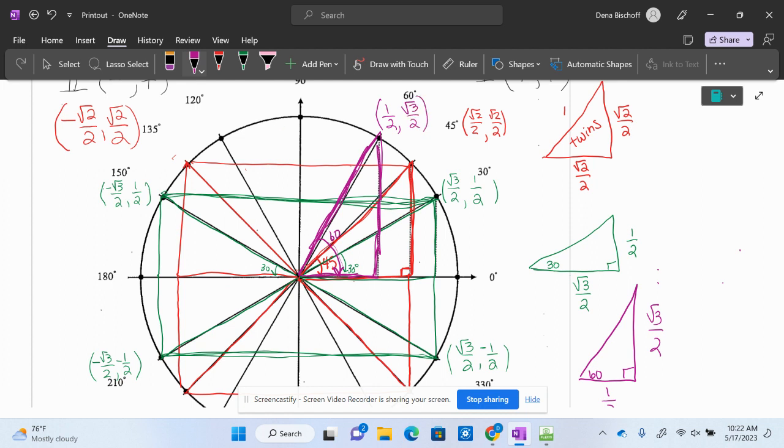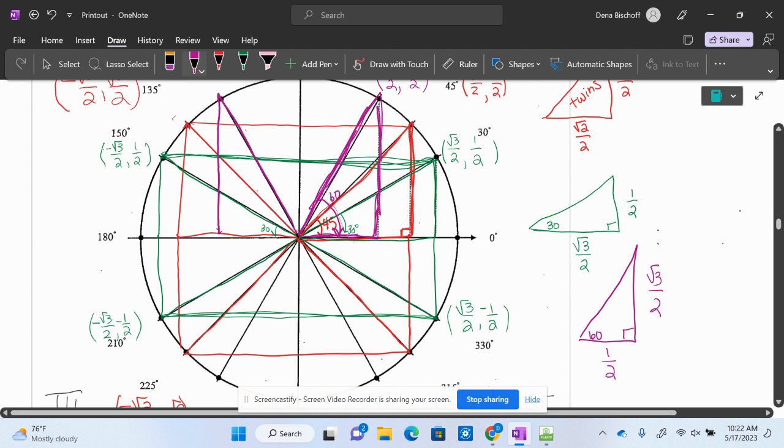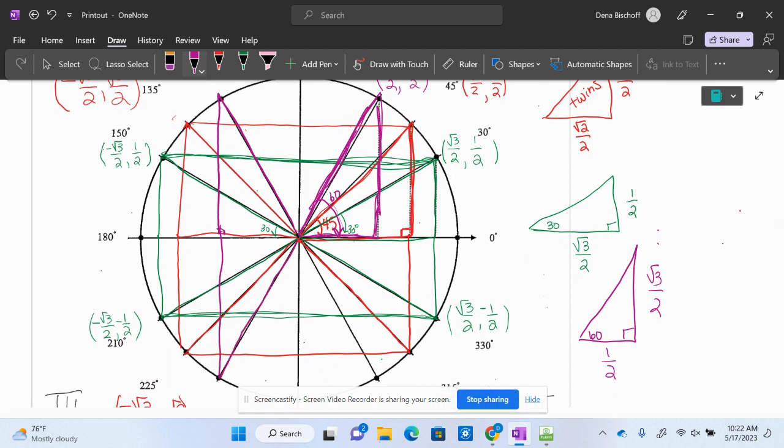So again, I'm going to identify all of the angles here that have a reference angle of 60 degrees. And so you're going to do just like you did with the 30 degrees.